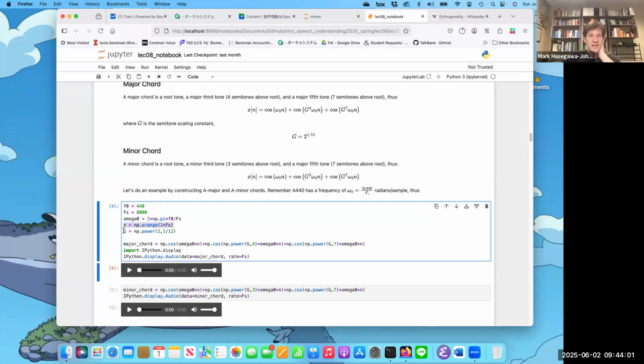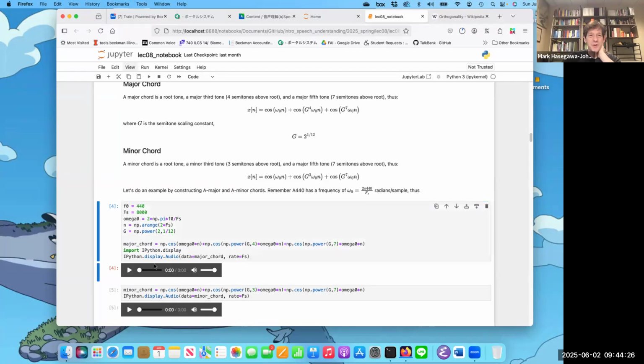And then capital G is the amount that we multiply the frequency by in order to raise it by 1/2 step on the piano. The major chord is the cosine at the frequency A plus the cosine at G to the 4th above that, so 1 major third up, plus the cosine 1 major fifth up.